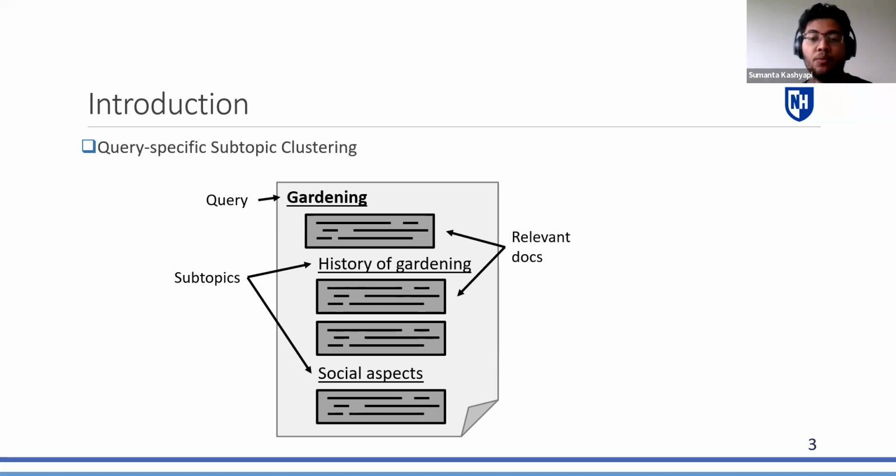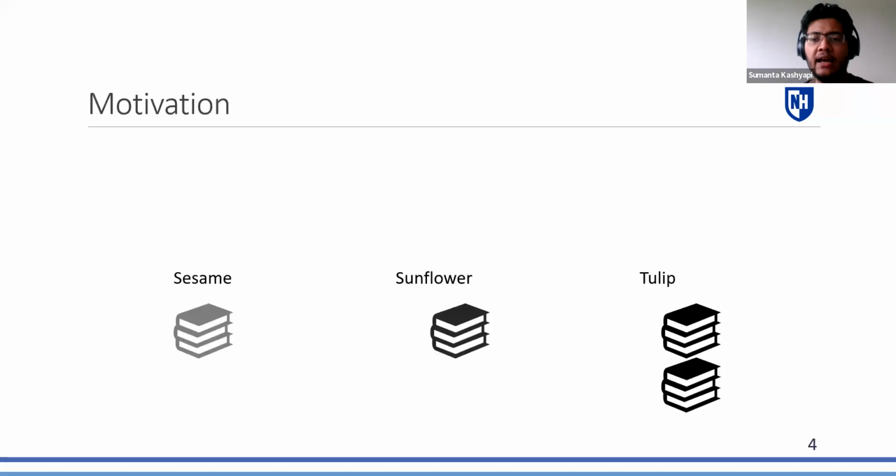Now, let's see why such fine-grained clustering is needed. Let's imagine we have a large collection of documents, articles, or books about plants in our repository, and users can submit various queries to this repository to retrieve relevant articles. For example, consider this query, history of gardening.